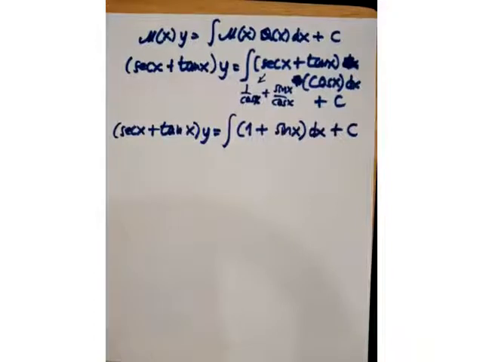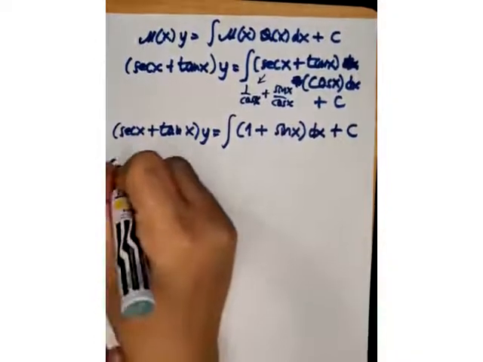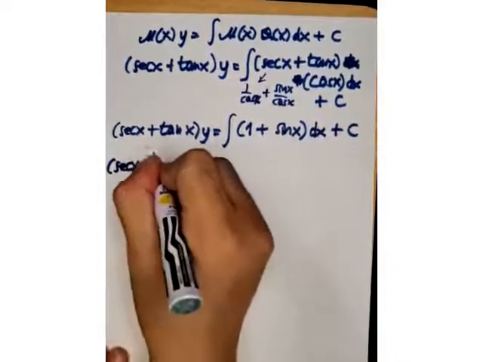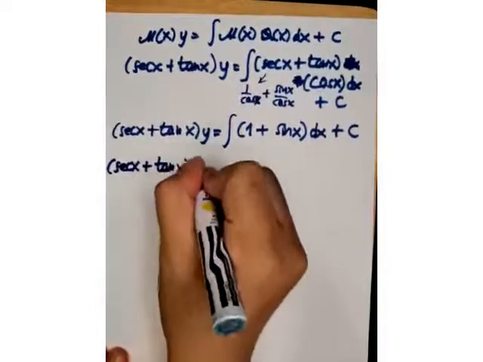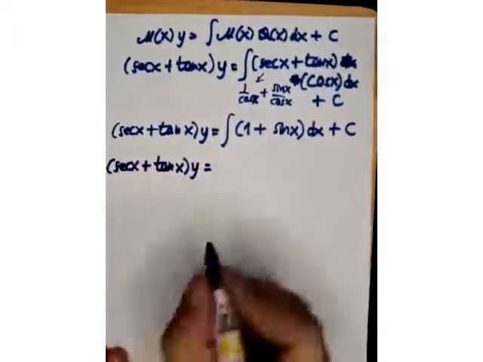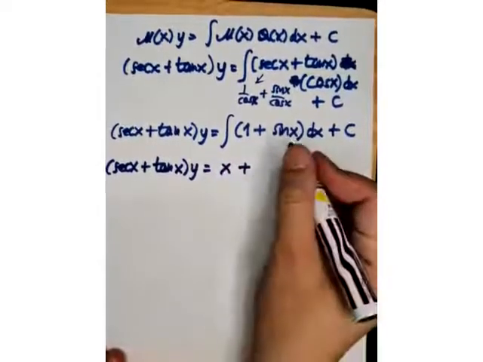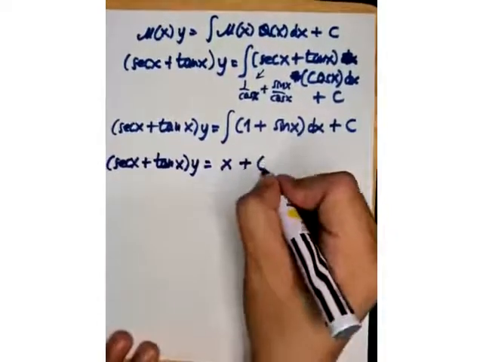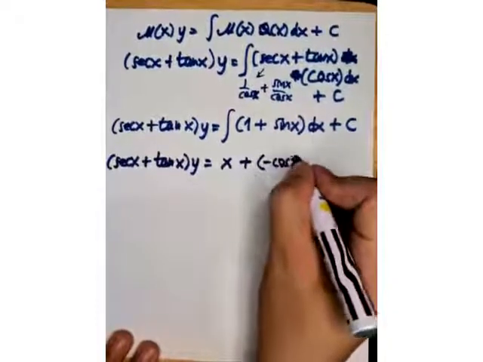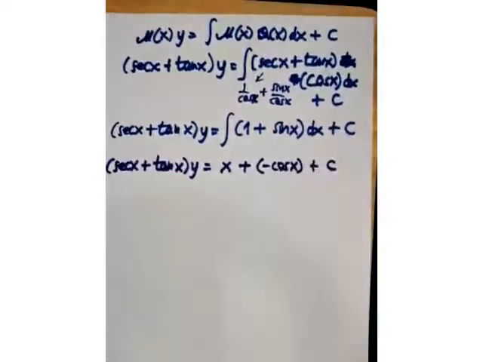Okay. So therefore, we'll have secant x plus tangent x times y is equal to x plus, ano yung integral nito? Sine. That is negative cosine x plus c.